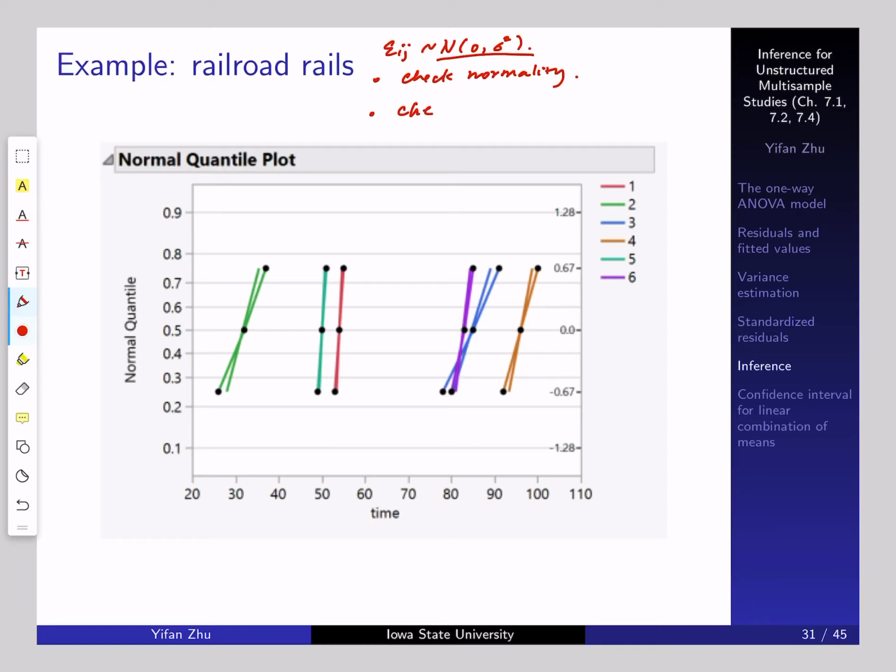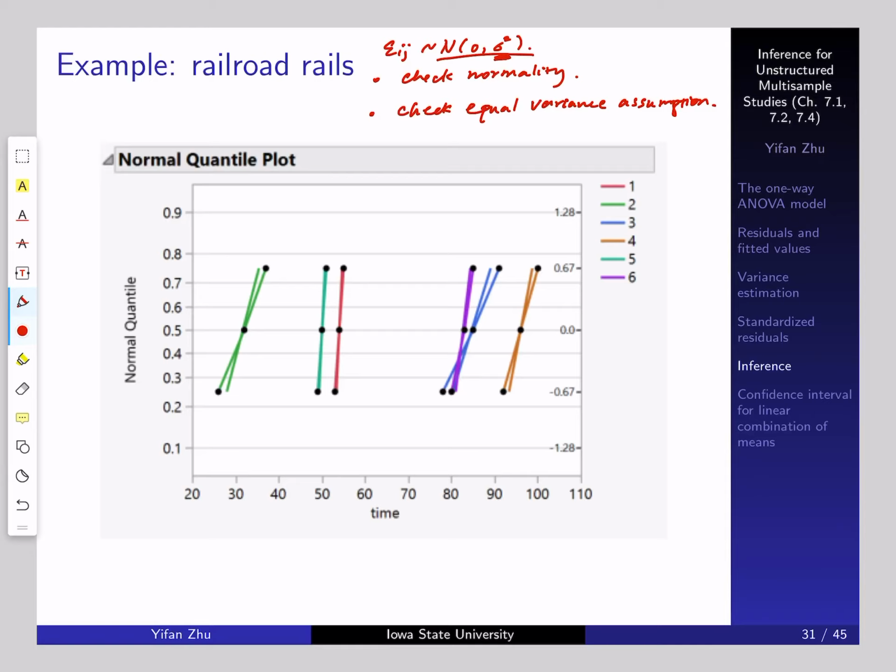And we also need to check the equal variance assumption, right? Because we are assuming for all the i's, or all different levels, the variances are all the same.